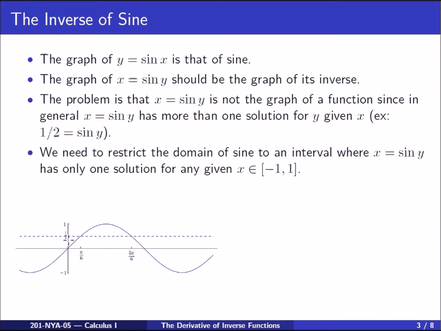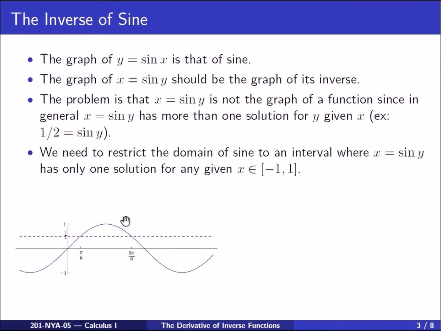So the x values lie on the y-axis of the sine curve. Given a value of x, for example 1/2, since this horizontal line intersects the sine curve in many places, there are many solutions to the equation x equals sine of y.